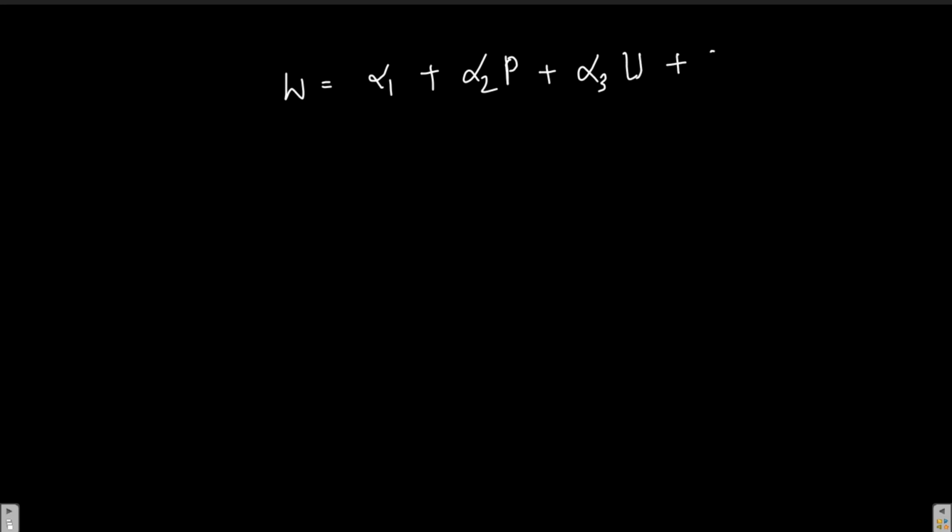Now, for IV, in the first stage, I'm just going to use U as my Z. So I will be writing this equation: W is equal to some rho 1 plus rho 2 U and some other error term, let's say nu.